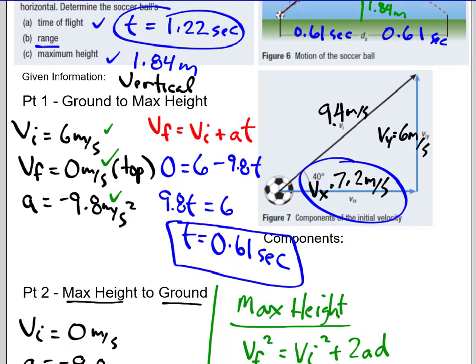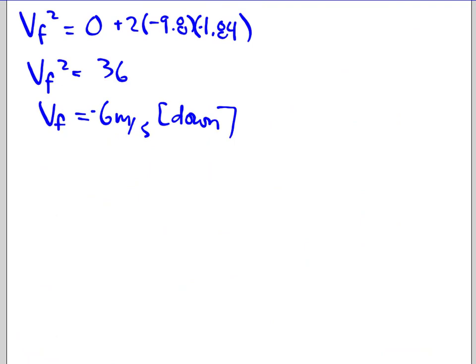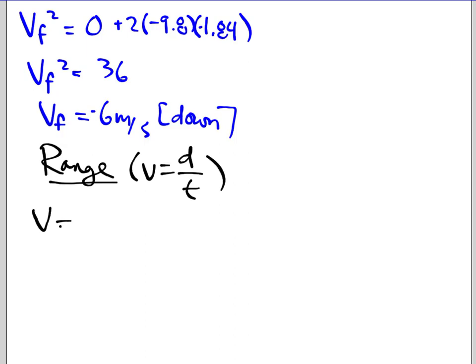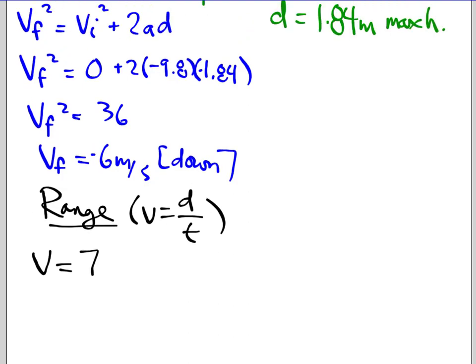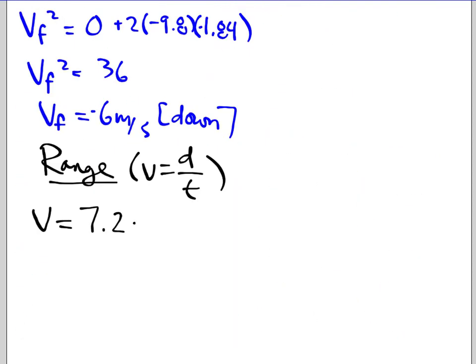Okay, so our range, let's go a little further here. Because there is no acceleration, we can use v equals d over t, where velocity was, I believe, better double check, 7.2 meters per second, and time was 1.22 seconds.